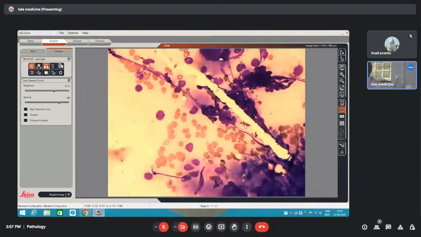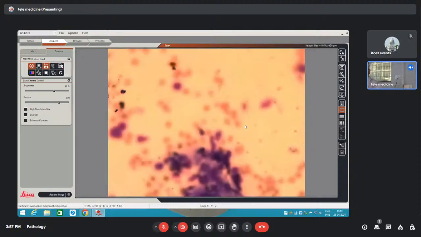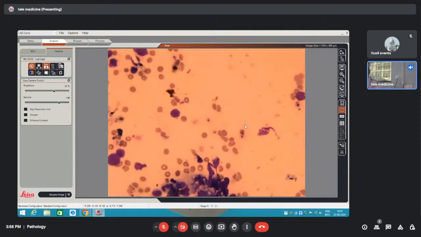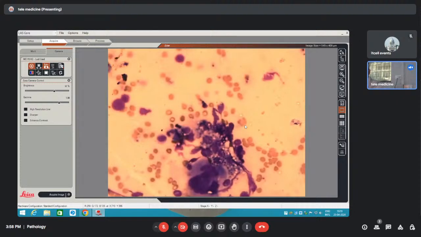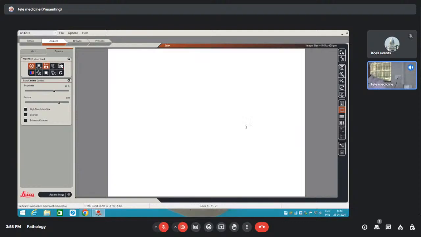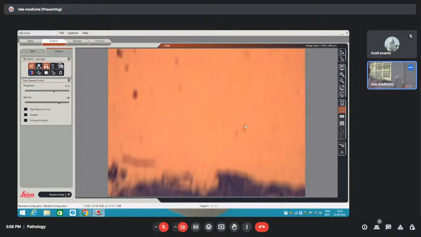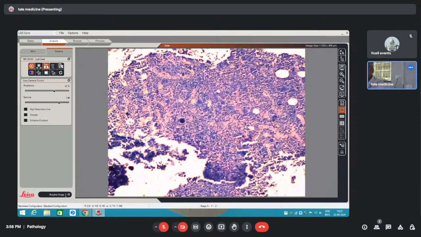So these are regular. So I went a step ahead and I did a Giemsa on the bone marrow biopsy. उसमें कुछ लग रहा था. Now see the Giemsa on the bone marrow biopsy. ठीक है?